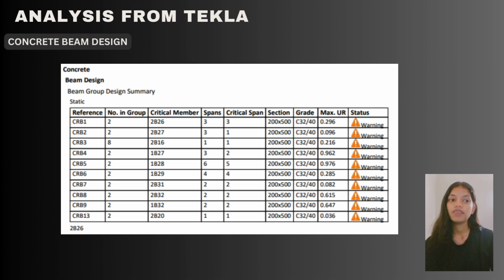The maximum utilization ratios vary, with some beams showing values close to or above the warning threshold, indicating potential areas that require further attention to ensure structural integrity. This analysis helps us identify critical beams and spans that need either reinforcement or resistance to meet safety standards.